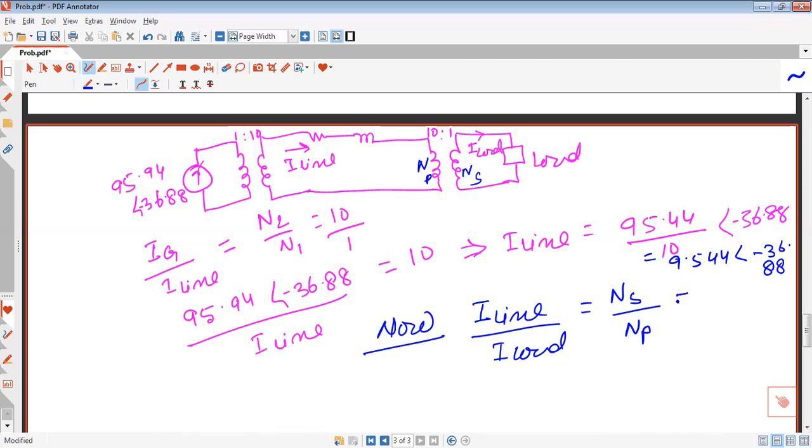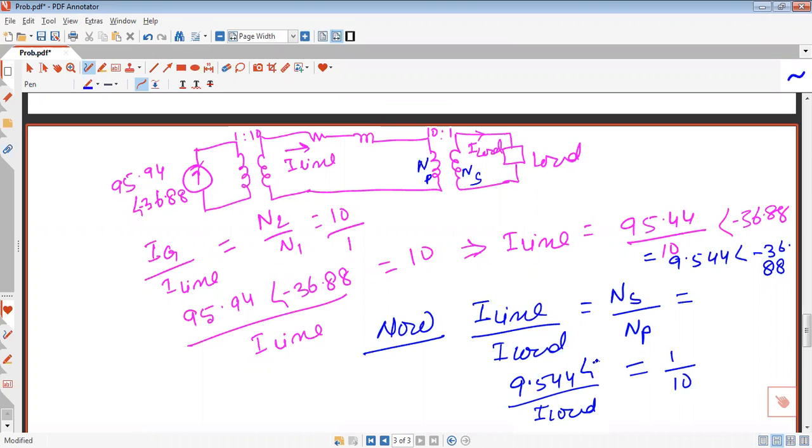Here we just have to put the line current, which is already calculated, 9.544 divided by I load current, and NS secondary turn is 1, and divided by 10.